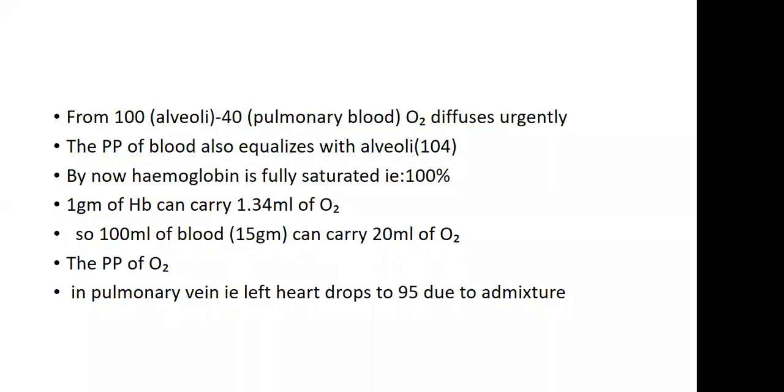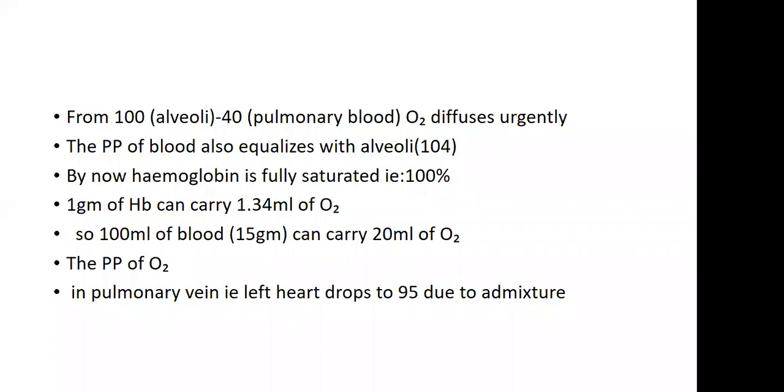Equilibrium has been attained, and it is 104 already in the alveoli, and it has become 104 in the pulmonary capillaries as well. By now, we say that hemoglobin is fully saturated, that is 100%. All the pockets, all the seats reserved for oxygen are filled up.